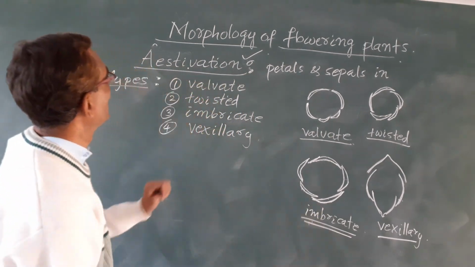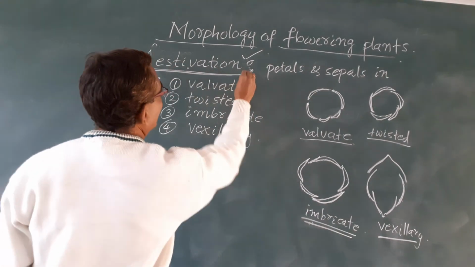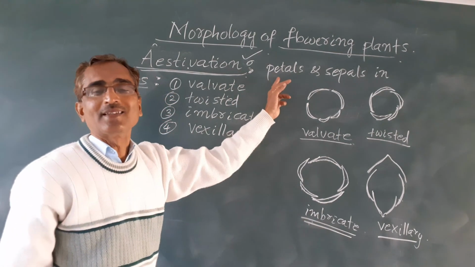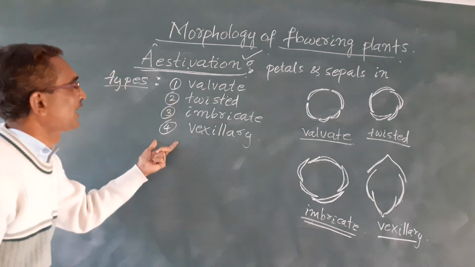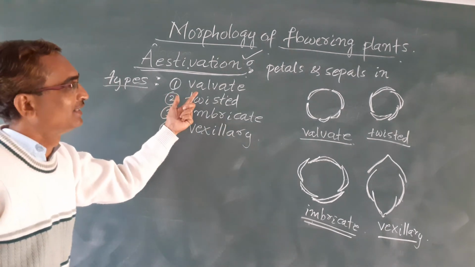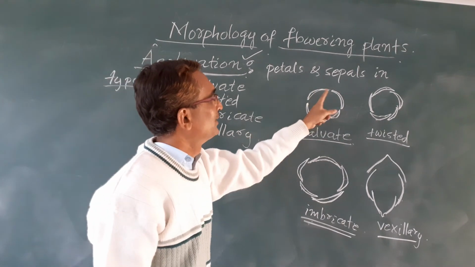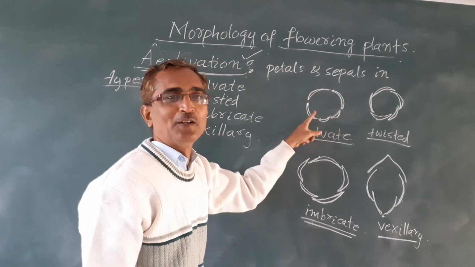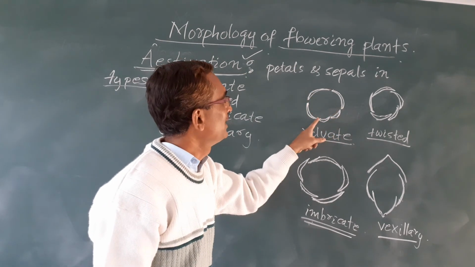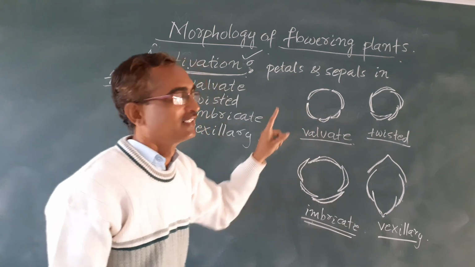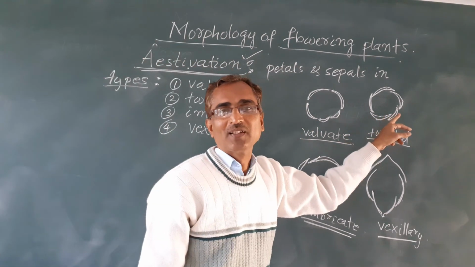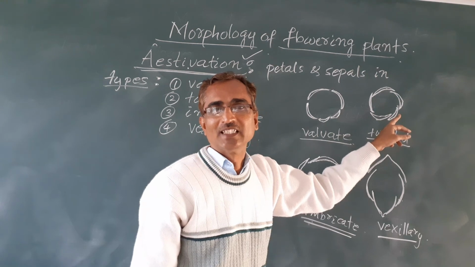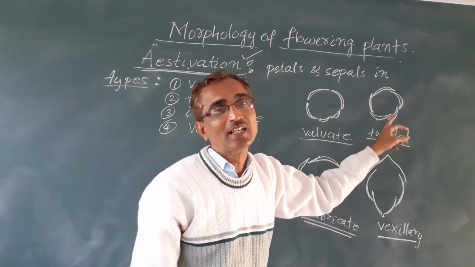So this is about estivation, the arrangement of petals and sepals, and there are four types. One is valvate, where the members of the sepals do not overlap, simply coming in contact with the margin. Twisted, where one member of the sepals or petals overlaps the other member.